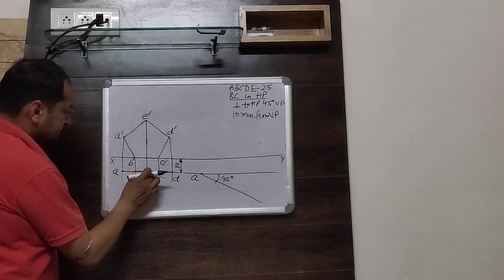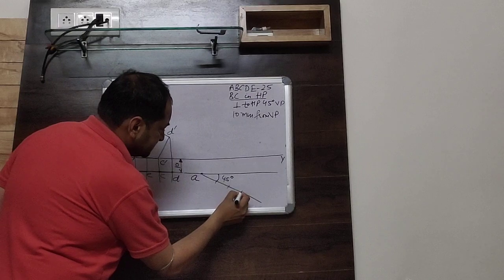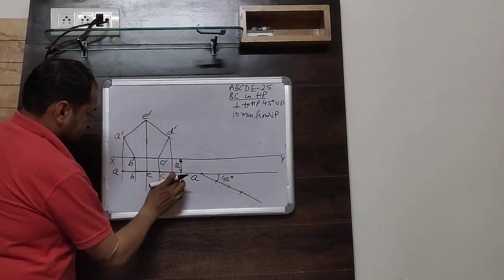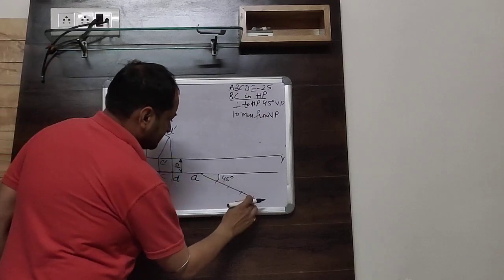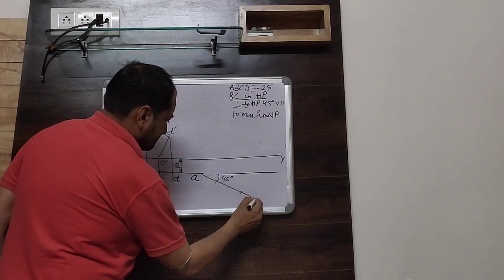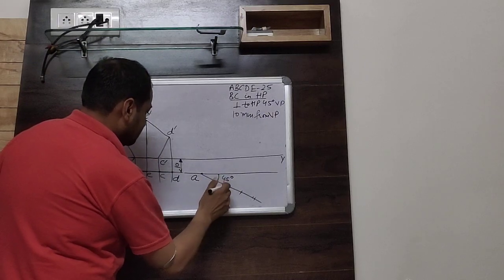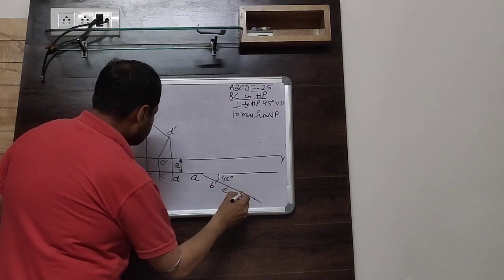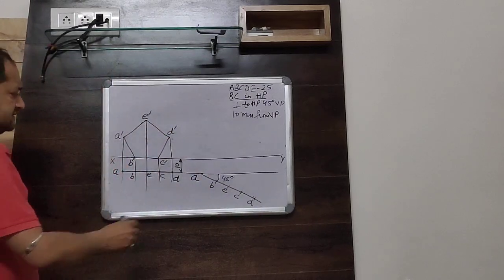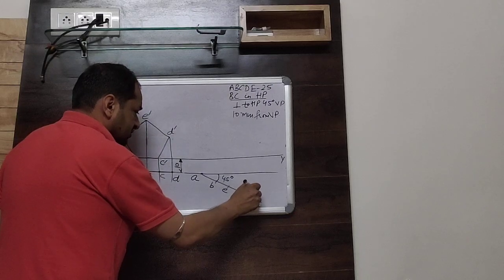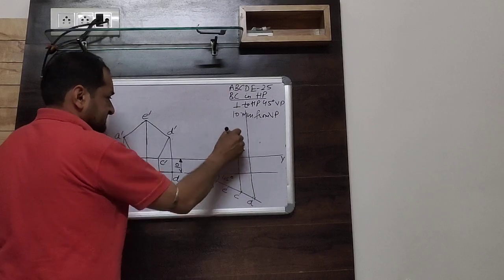This point is B, then B to E, then E to C, then C to D. Now these points are A, B, E, C, and D. Then draw the projection lines on all these points.